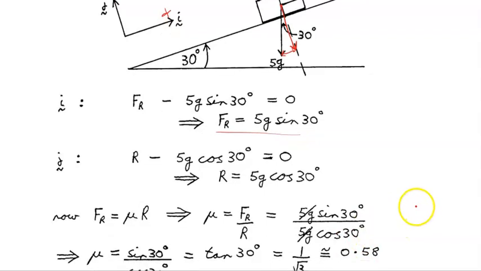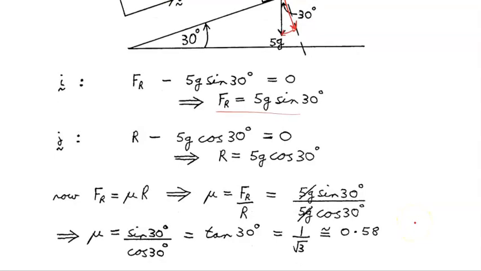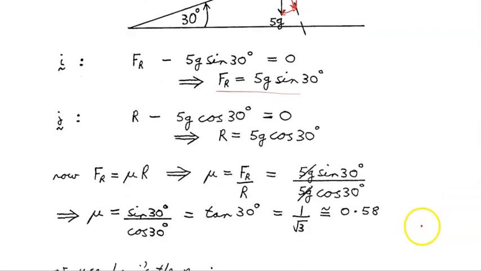As you can see, the 5g's cancel out, and mu, the coefficient of friction, is sine 30 degrees divided by cos 30 degrees, which is just tan 30 degrees. Tan 30 degrees by the exact ratios is 1 on square root 3, which is approximately 0.58. So your coefficient of friction is 0.58.